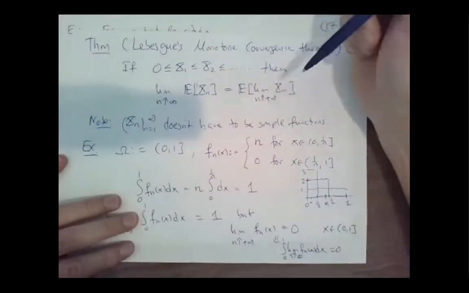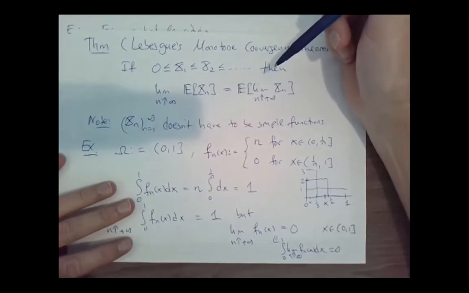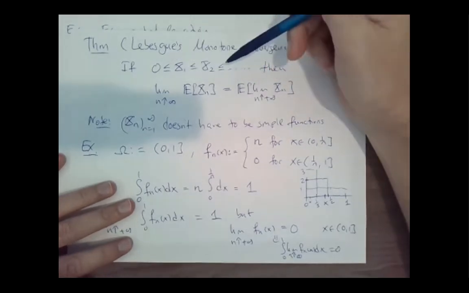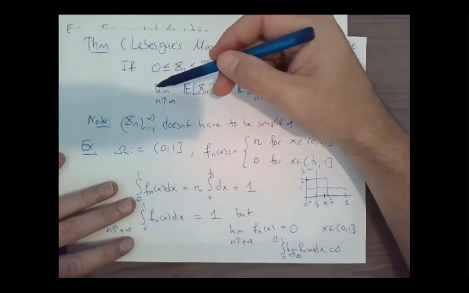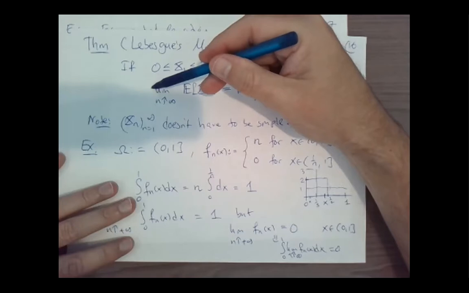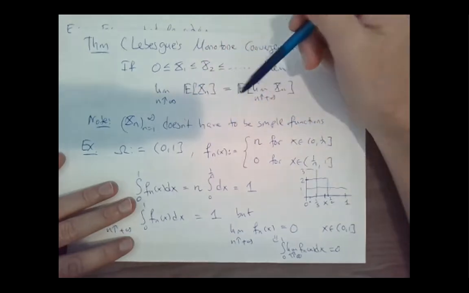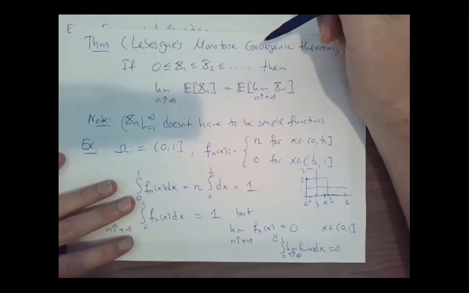You put in a minus sign, then this here has a minus sign, and there's a minus sign here. If you can move a minus sign inside a limit, that's going to be okay. So yes, it would work for monotonically decreasing functions too.